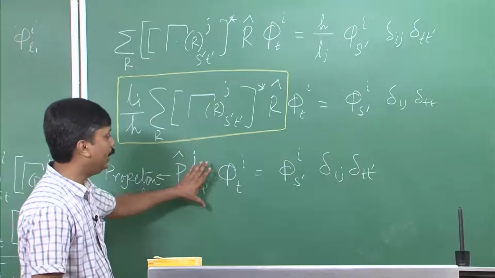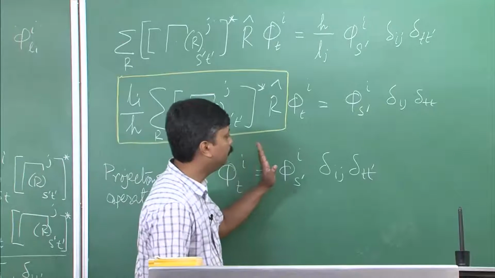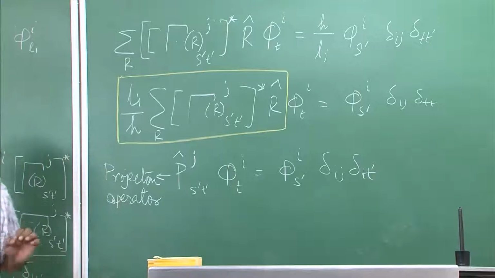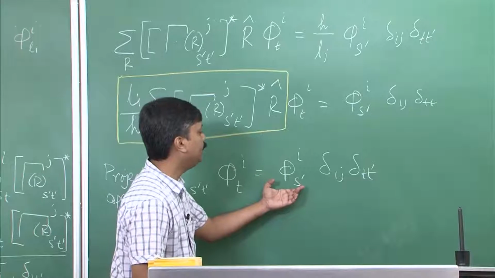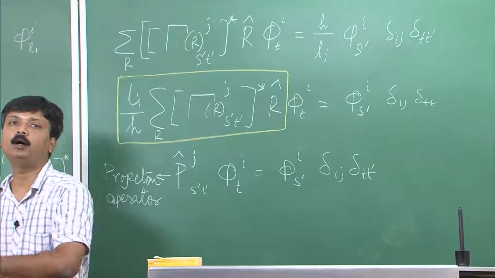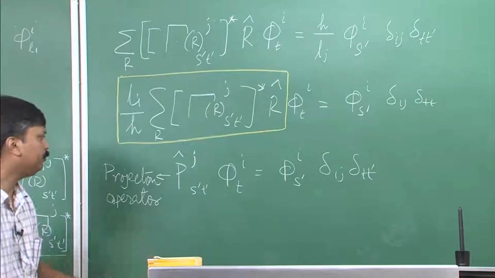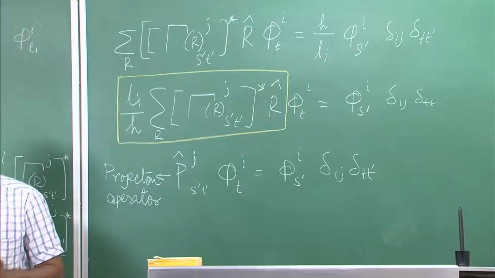Moreover, it has to belong to the same particular irreducible representation. Then I can have this phi s prime being projected out from an arbitrary function or combination of functions given by phi t.